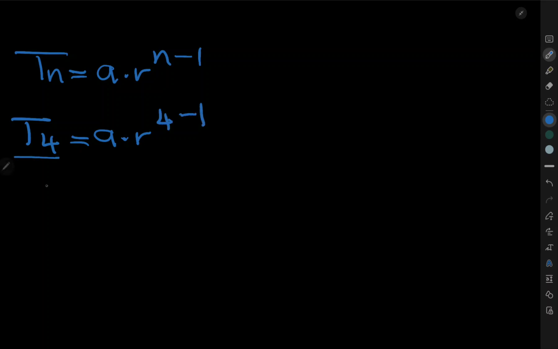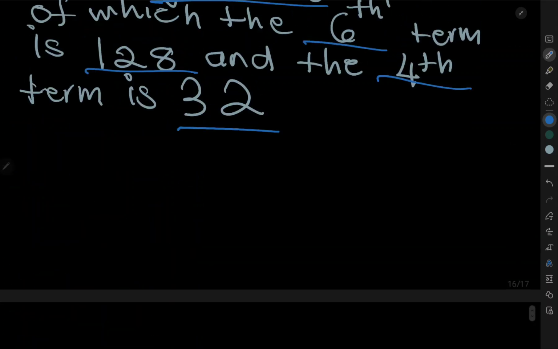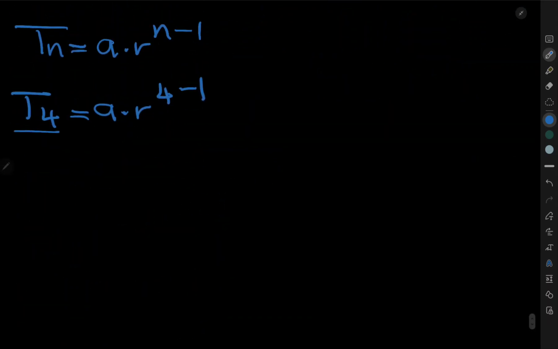Where there's t4, I'm going to replace it by that value, which was 32. So I have 32 equals a times r to the power of 3, which is 4 minus 1, which gives me 3.